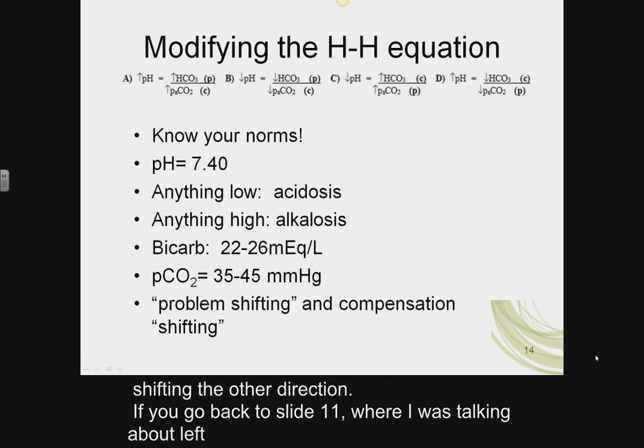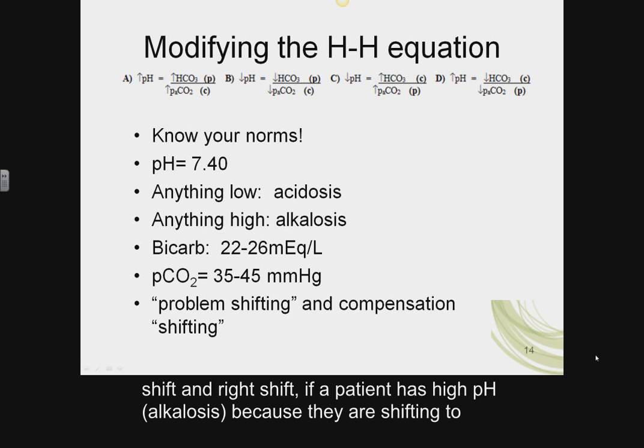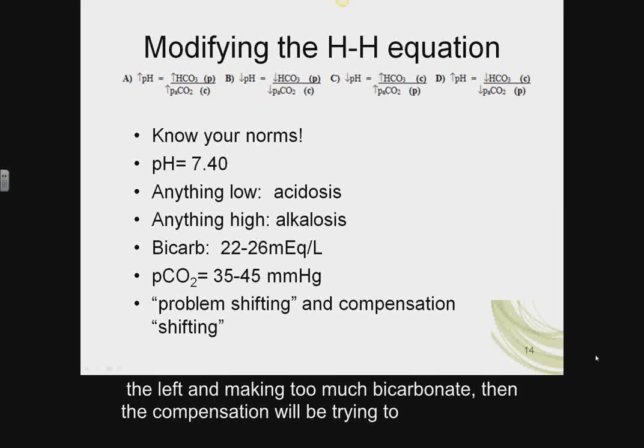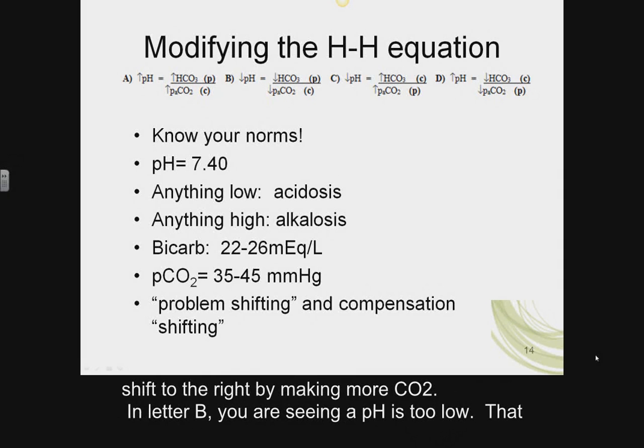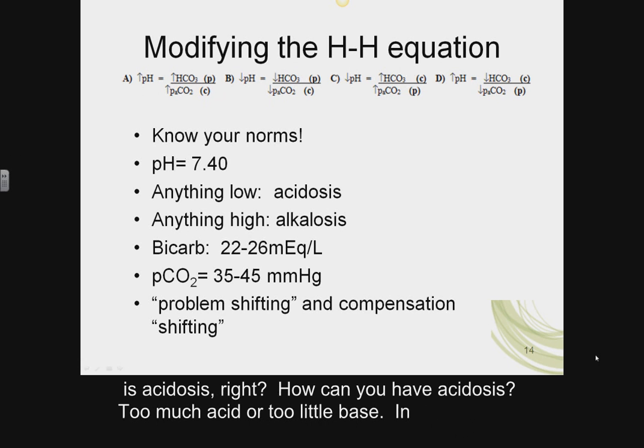No, that doesn't fit. So I will remind you that when the pH is a shift in one direction, the body will try and compensate by shifting the other direction. If you go back to slide 11, where I was talking about left shift and right shift, if a patient has high pH alkalosis because they are shifting to the left and making too much bicarbonate, then the compensation will be trying to shift to the right by making more CO2.